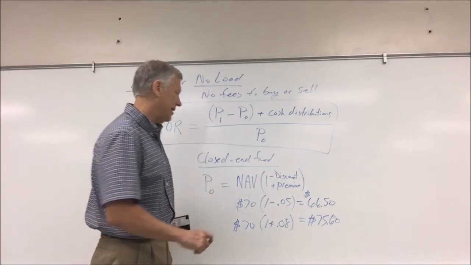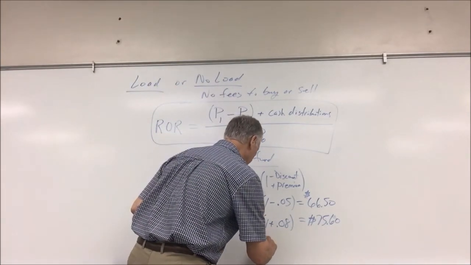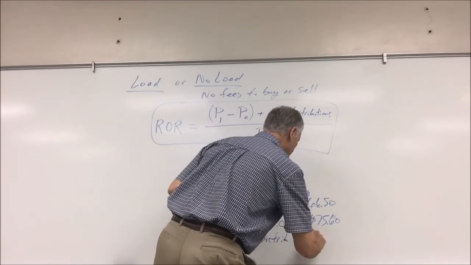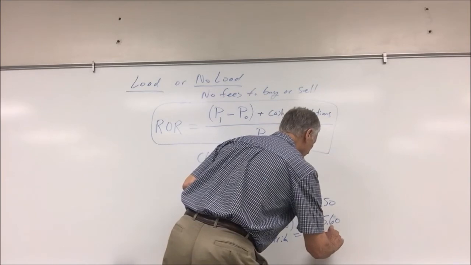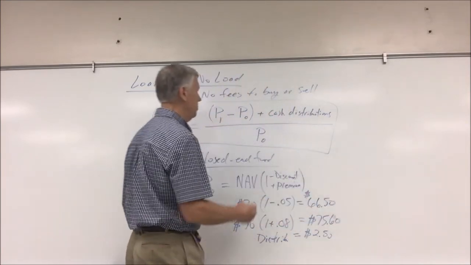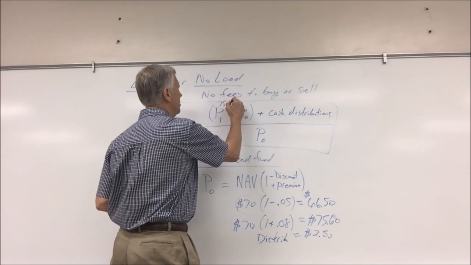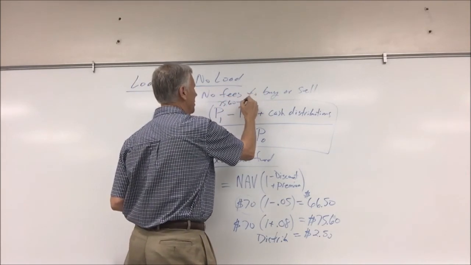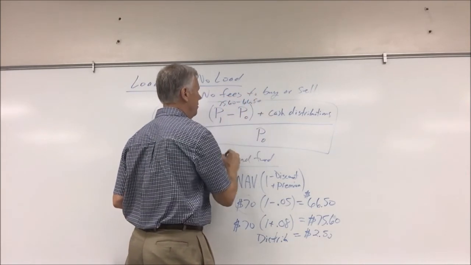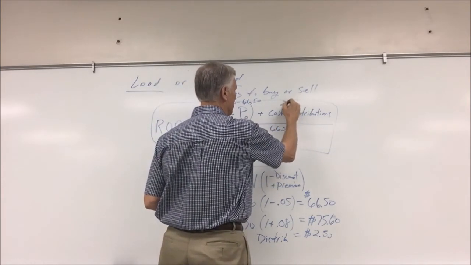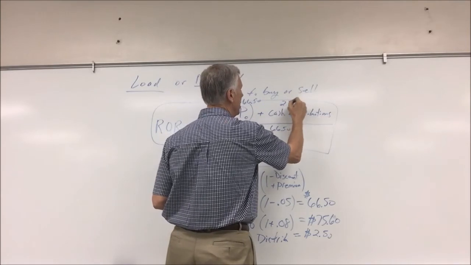If during the year it had cash distributions, maybe distributions of $2.50, we put these in here, over top of 66.50.